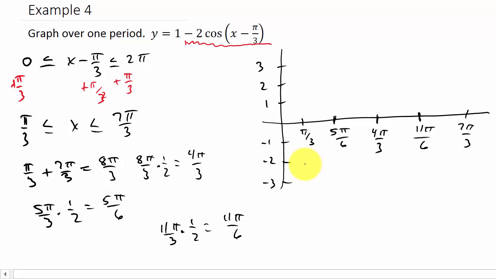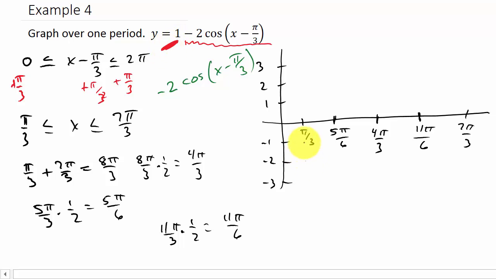But then I'm adding 1. Okay, so all we look at right now is the negative 2 cosine x minus pi over 3. Since it's a negative in front, it's going to its minimum, but then I'm adding this 1 here.